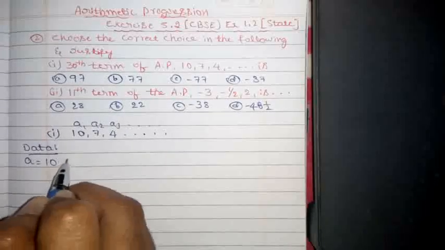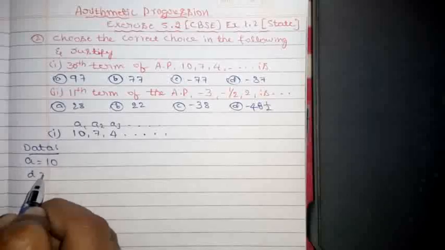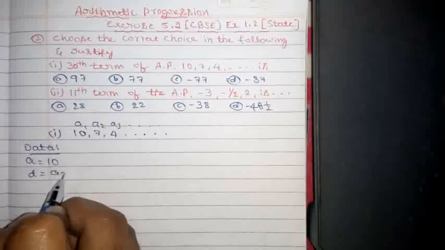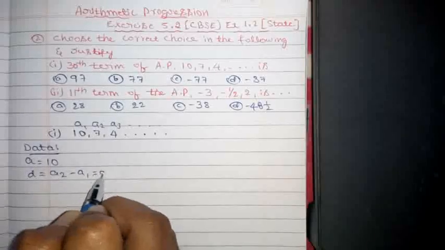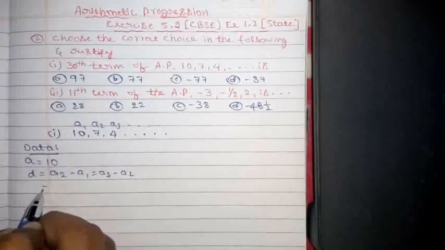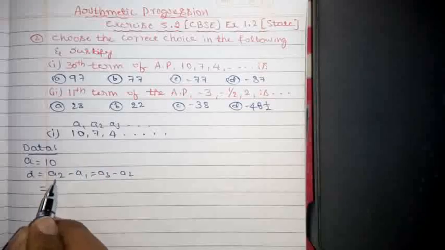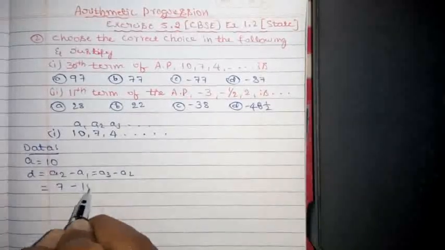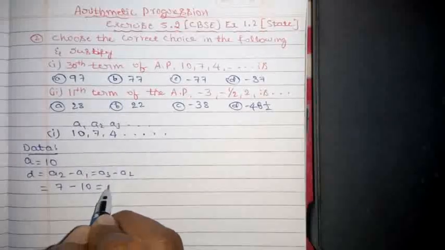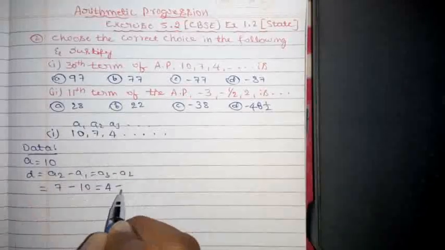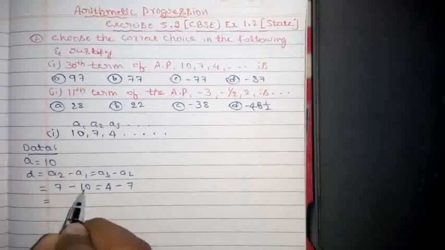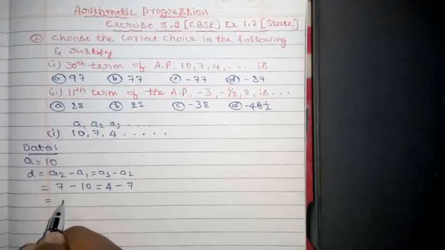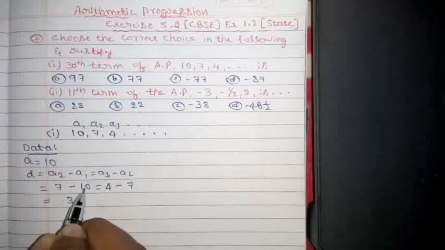Now you need to find the common difference. The common difference formula is A2 minus A1 is equal to A3 minus A2. Now just apply the values here. A2 is 7 minus A1 which is 10, equals A3 which is 4 minus 7, right? 7 minus 10 is 3, with the sign of the biggest number.